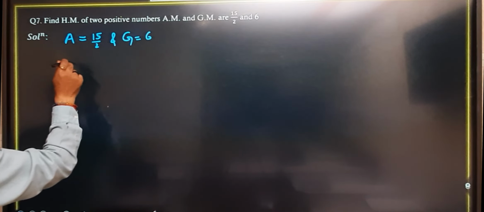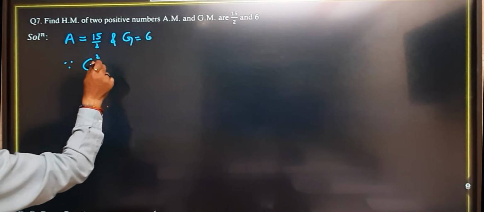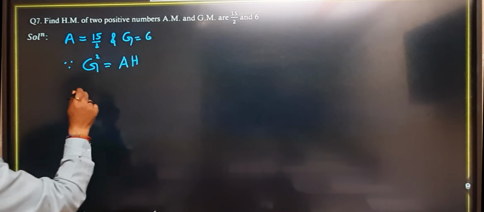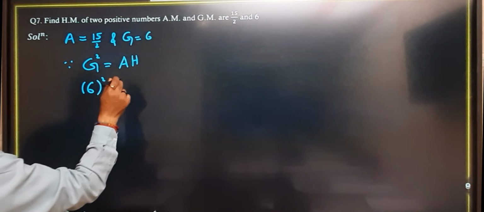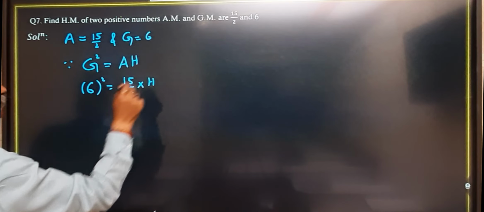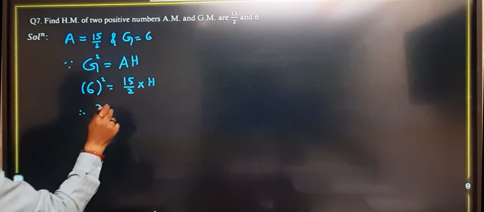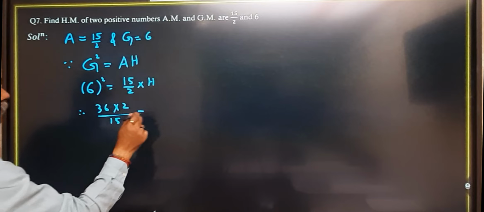Since G square is equal to AH, so 6 square will be what? 15 by 2 into H. So 36 into 2 upon 15 is what?